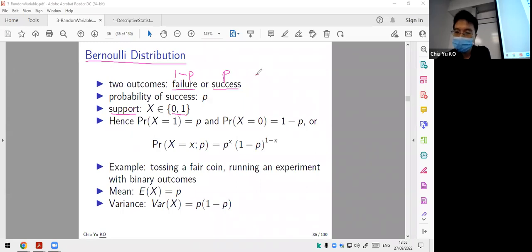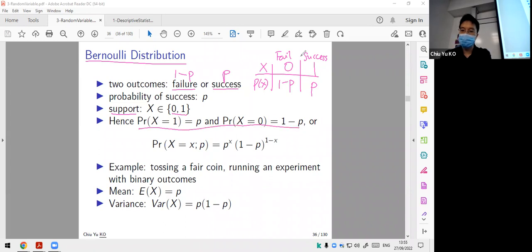In that case, X is either failure, this is fail, or success, this is success, and P of X is just P and 1 minus P. So this is what this statement is, and we have this table.